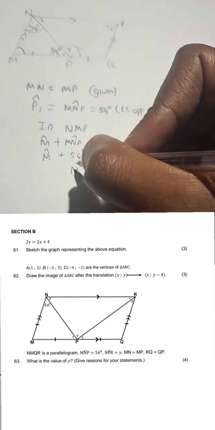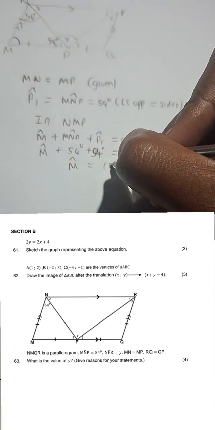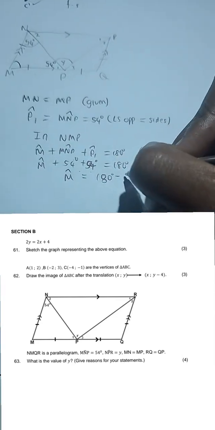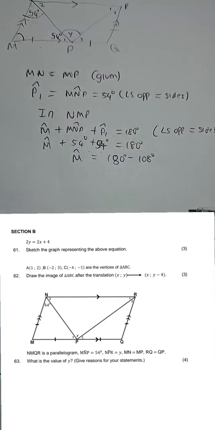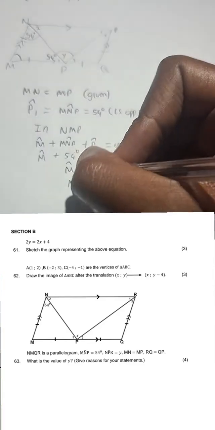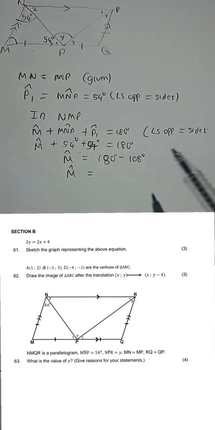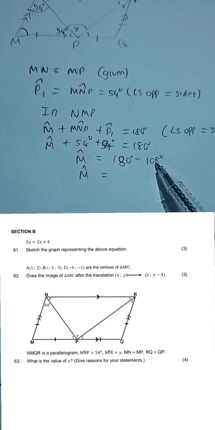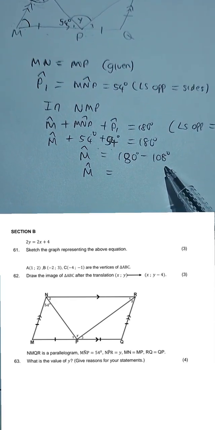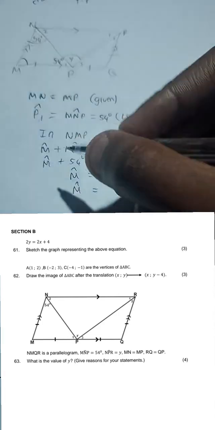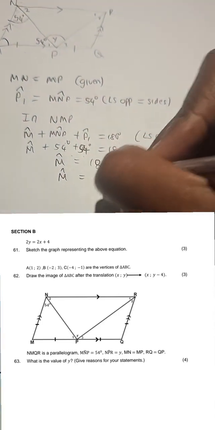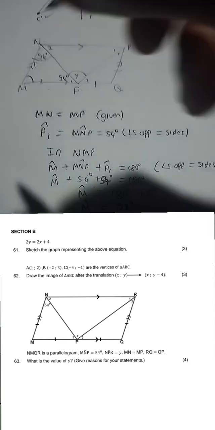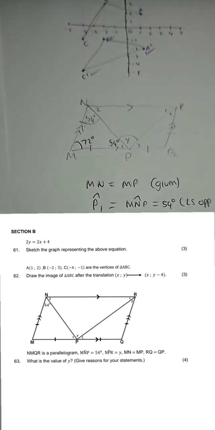That means angle M is equal to 180 degrees minus 108, since 54 plus 54 is 108. So 180 minus 108, is that 76? No ways, not 76. It is 72. So we can update here and say we have 72 degrees.